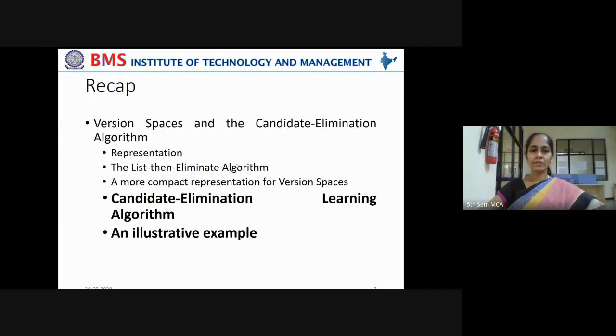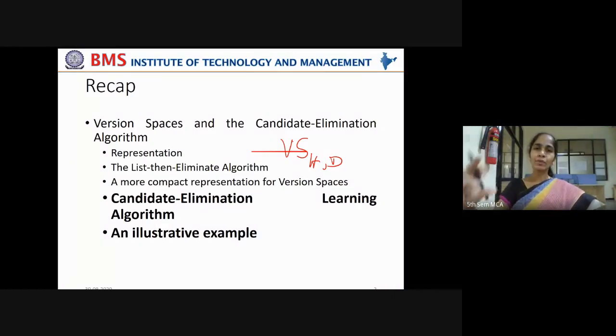Before going to that last concept, let's see what we have done in the previous classes. We have understood what a version space is and how this version space is given as output by the candidate elimination algorithm, right? A version space is defined as the set of all hypotheses H that are consistent with the training examples D. This version space will have two sets, the general boundary set and the specific boundary set.